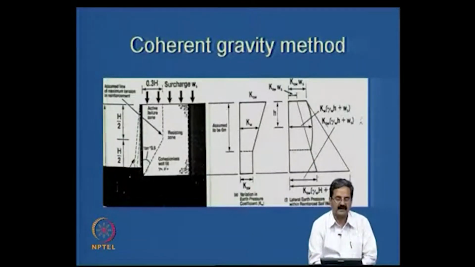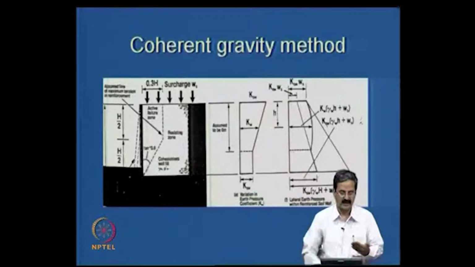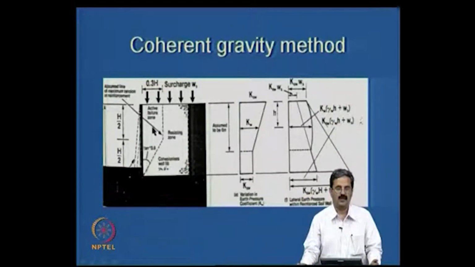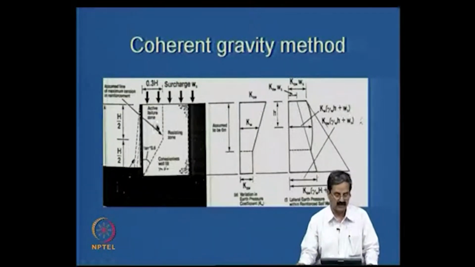If you make it based on the observations, this is a method that was developed by some group of people in France, and particularly it is valid for steel reinforcement, because they were initially working with steel reinforcement, and steel reinforcement is stiffer. We have seen that. Whereas a geotextile is a flexible reinforcement, it needs some strain. So I can't assume this sort of distribution.